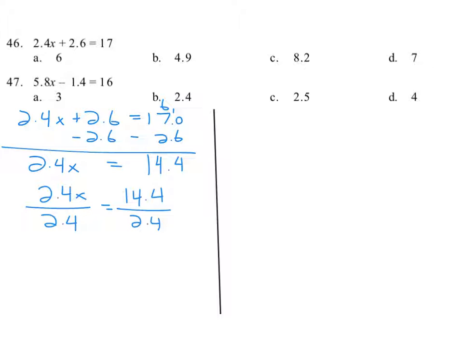So we can multiply this by 10, essentially moving the decimal over. And we just got to move this decimal over right there, the same thing. So then we got 24.